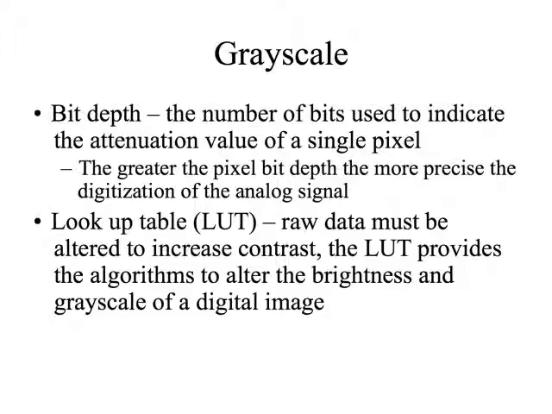Now, to record an attenuation value, the pixel receives some amount of exposure, either from luminescence or from an actual direct exposure from an X-ray, right? And then it records that in these bits, and it has only so many bits to record that.